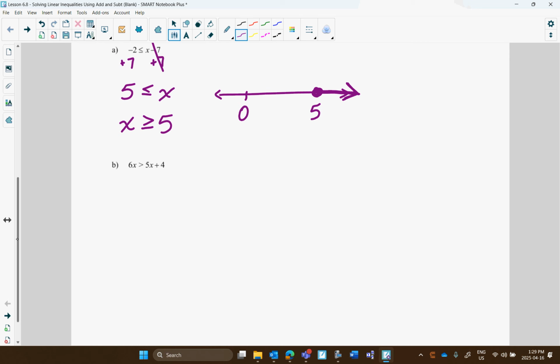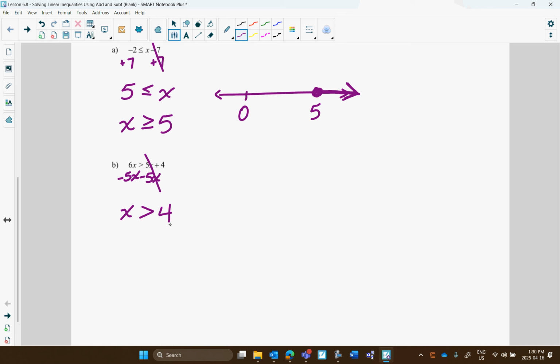What are we going to do with this one? I'm going to get the x's together. So how do I get rid of 5x here? Which means I subtract 5x here. What does my inequality look like now? So just plain old x greater than 4. So I got my answer.